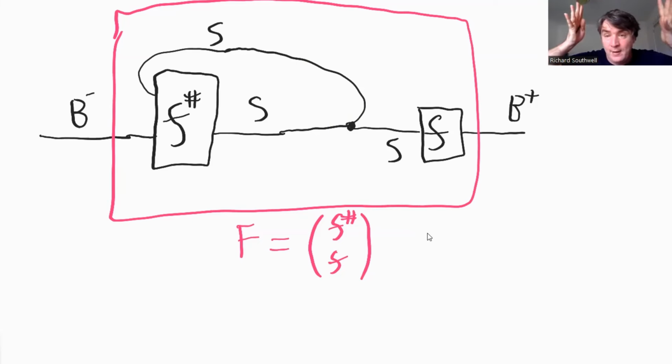What really matters is that this open dynamical system just involves 5 pieces of information. We have this set of internal states. We have this set of possible inputs, B minus. We have this set of possible outputs, B plus. And then we have 2 functions.